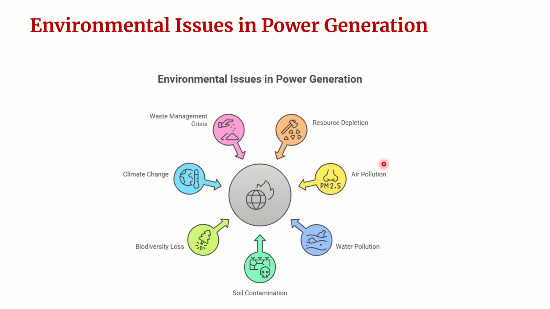Then pollution. So it can be air pollution, water pollution, or soil contamination. So air pollution, this involves the release of particulate matter, sulfur oxides, nitrogen oxides, carbon monoxide, volatile organic compounds, and also other hazardous air pollutants from industrial processes, transportation, and also energy generation. So these pollutants cause respiratory diseases, acid rain, and also contribute to climate change.